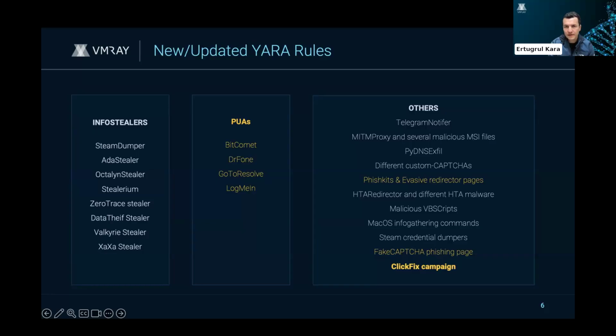Attackers are not moving away, but from time to time they leverage these trusted tools, like, for example, LogMeIn or GoToResolve. To a standard EDR, this looks like admin activity, but with our new YARA rules, we are flagging these when they appear in suspicious contexts.